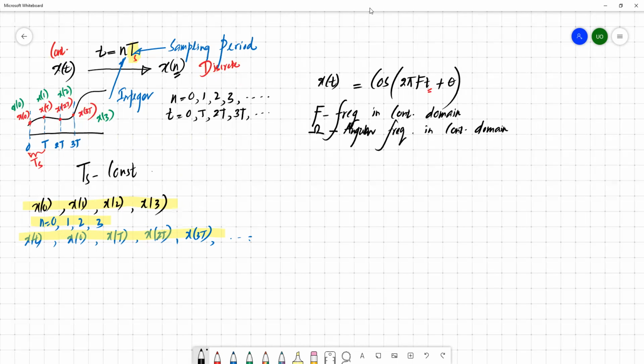By looking at this, we can claim that capital Omega equals 2πF. This is the angular frequency in radians per second, and this is the frequency in hertz. This is a very fundamental equation: Omega equals 2πF. Okay, now we need to convert this into discrete form.